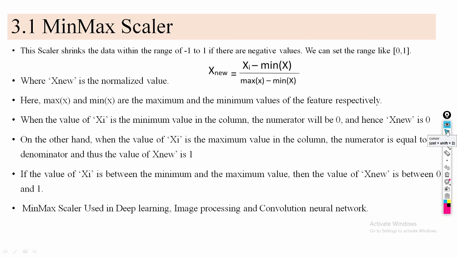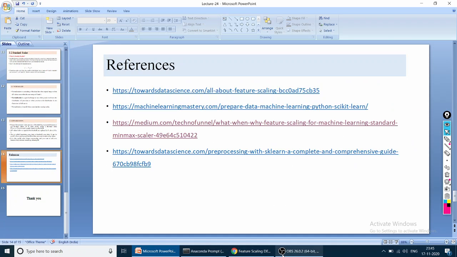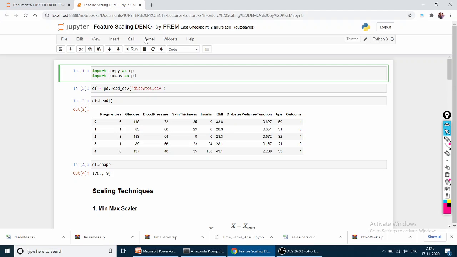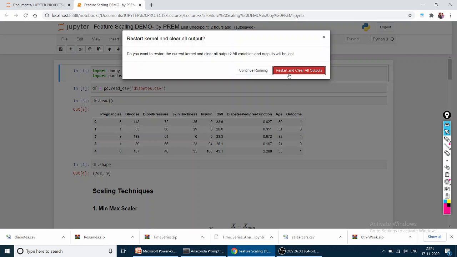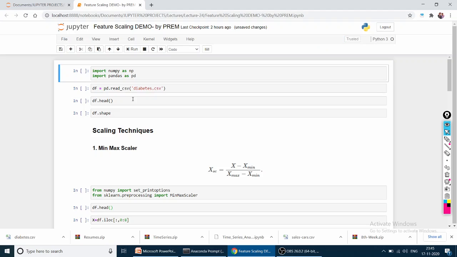Now let's see the practical. Here I am considering a simple dataset, the diabetes dataset.